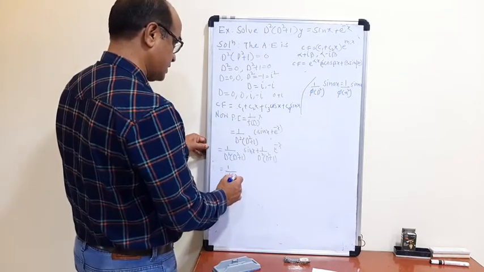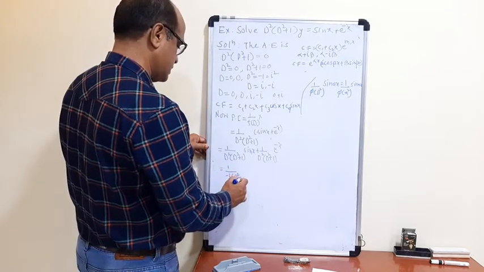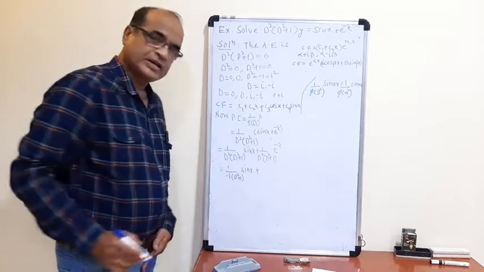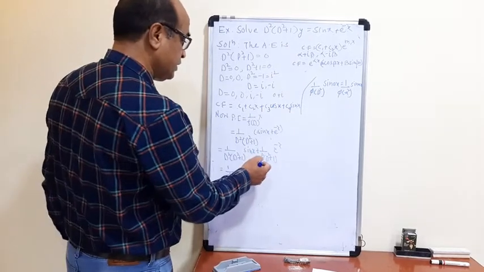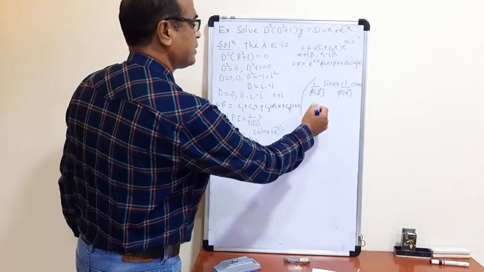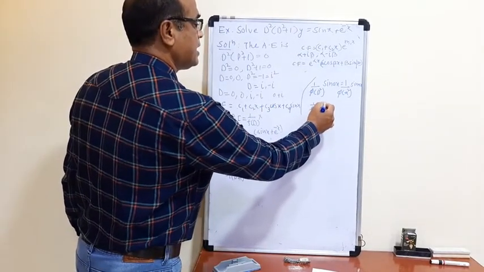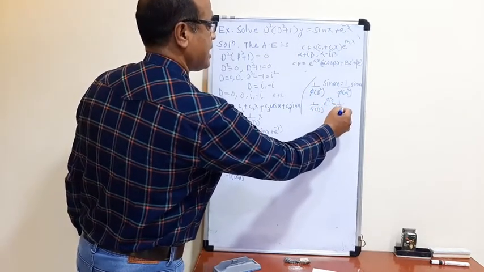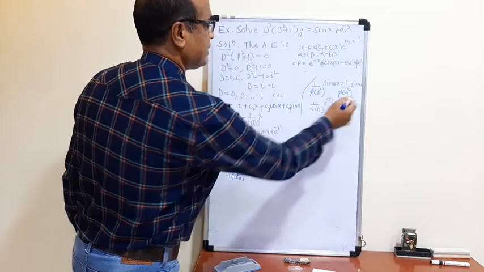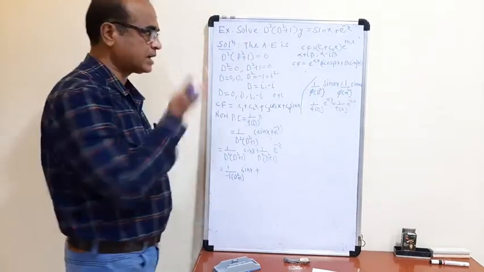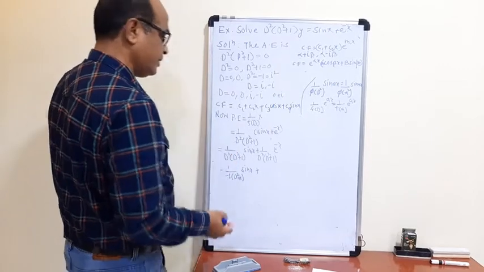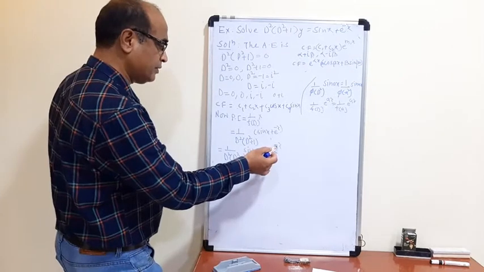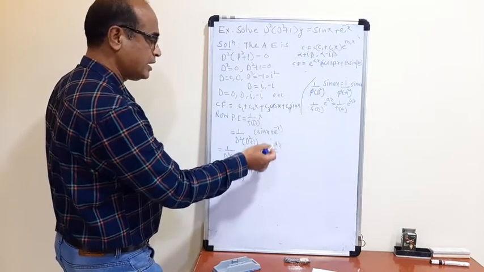For the e raised to minus x term, we use the formula: 1 upon f of D e raised to ax is equal to 1 upon f of a, e raised to ax. Put D equal to a, where a is minus 1.